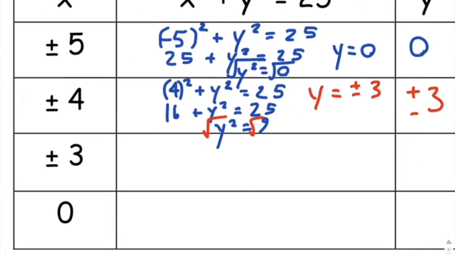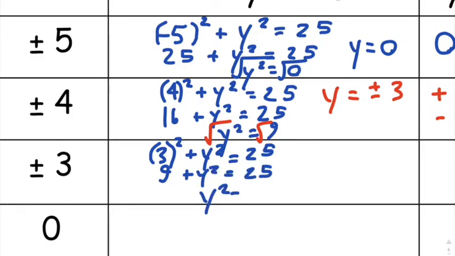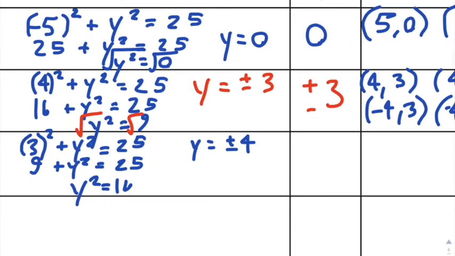Now it's kind of the same from here. We've got 3 squared plus y squared equals 25. That's 9. Subtract 9 from both sides and it's 16. Just like before, if you square root both sides, that gets you positive and -4.